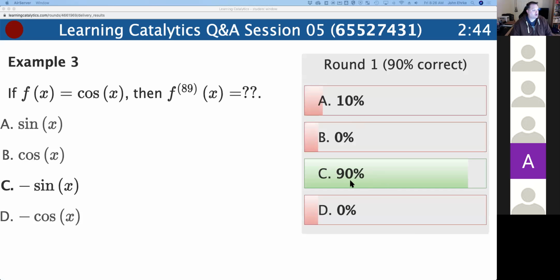And we are almost 100%, 90% correct. So negative sine is the correct answer. Let's take a look at it real quick.